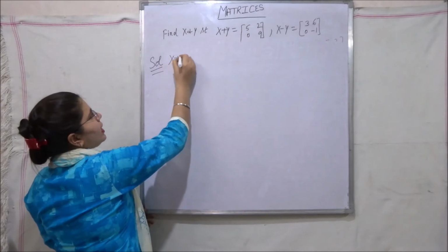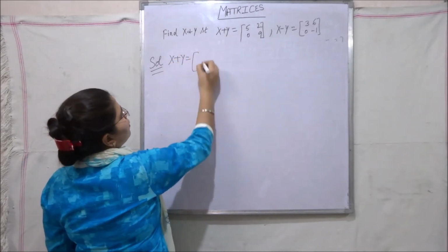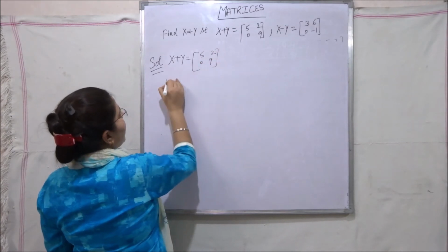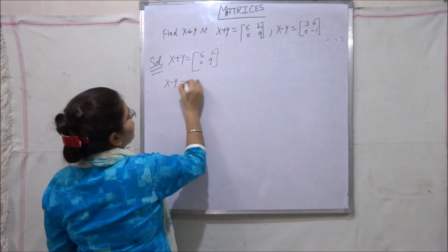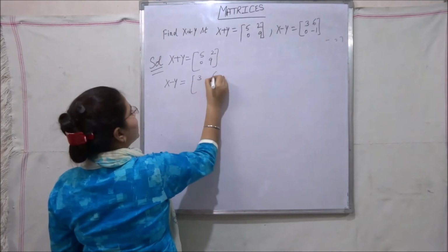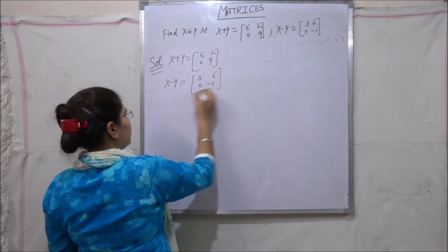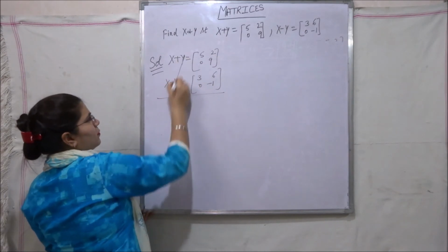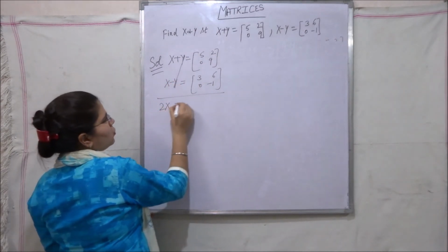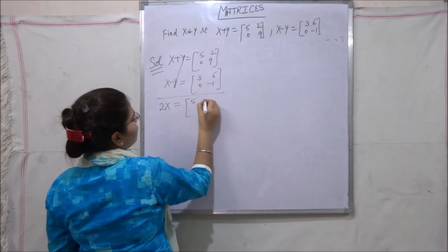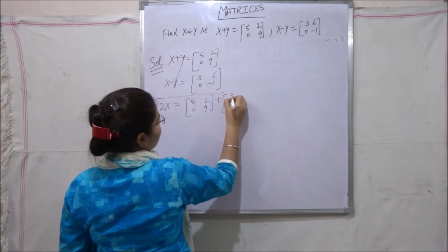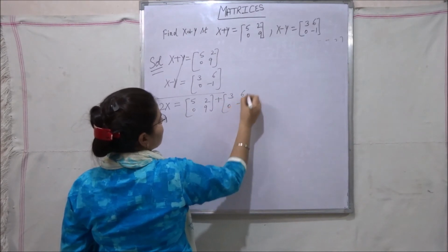X plus Y equal to the matrix 5, 2, 0, 9, X minus Y equal to the matrix 3, 6, 0, minus 1. Now after adding the two equations, we get 2X equal to 5, 2, 0, 9 plus 3, 6, 0, minus 1.